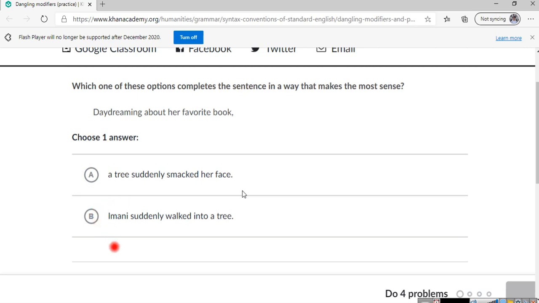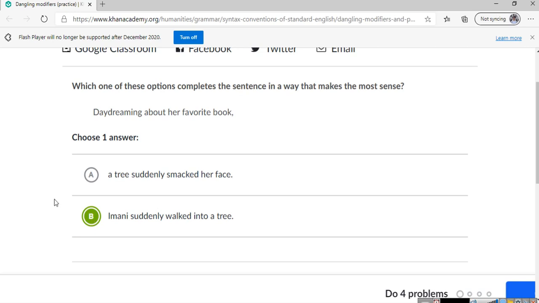Imani suddenly walked into a tree. So Daniel, think about this and which of these phrases will better suit the modifier that we have right here? I will go with option B. Okay. So daydreaming about her favorite book, Imani suddenly walked into a tree.